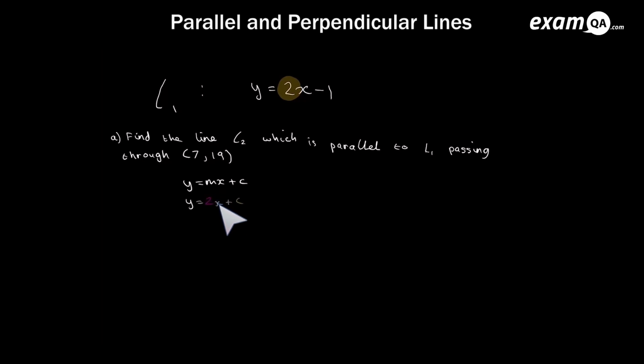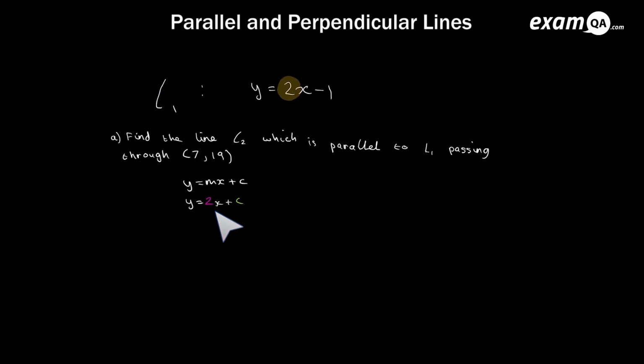Okay, so we've managed to fill in the m, but we didn't know the c. So I've written out y = 2x + c, just for that one mark. Now, how do we get the c? This is where that coordinate they mentioned comes into play. We know our line goes through (7, 19), so we can fill that in, and hopefully we can work out that +c.